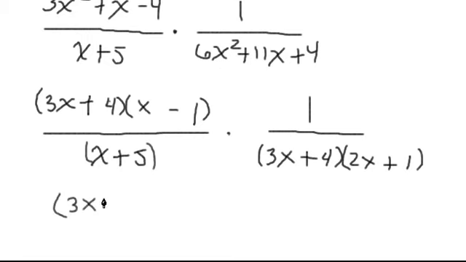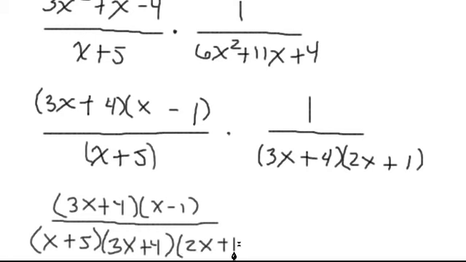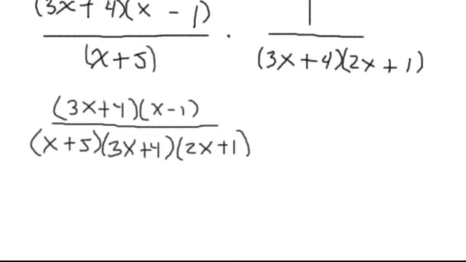For example, we'd have 3x plus 4 times x minus 1 times 1, so we're not going to write anything else on top, and then this becomes x plus 5 times 3x plus 4 times 2x plus 1. Now we're going to go ahead, cancel, and rewrite.